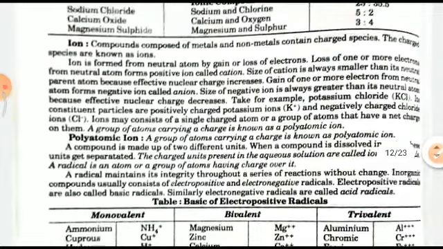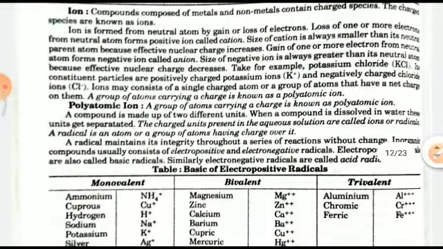Now ions: compounds composed of metal and non-metal contain charged species. These species are known as ions. Ions are formed from neutral atoms by gain or loss of one or more electrons, right? There is a polyatomic ion also.